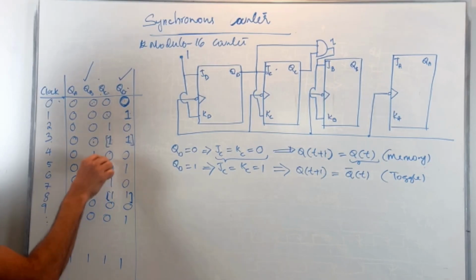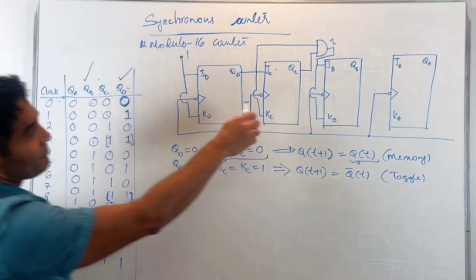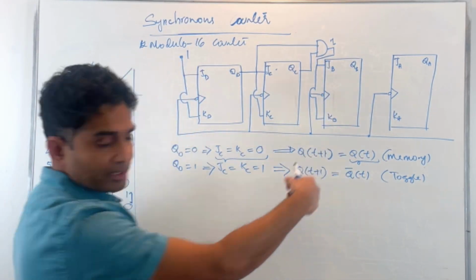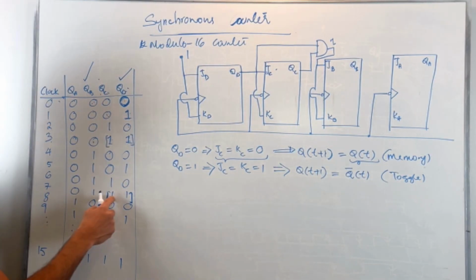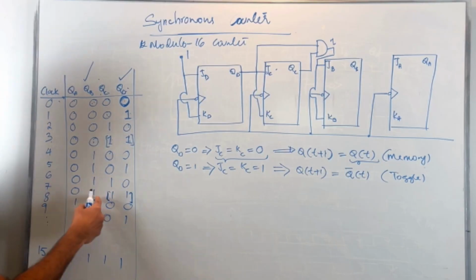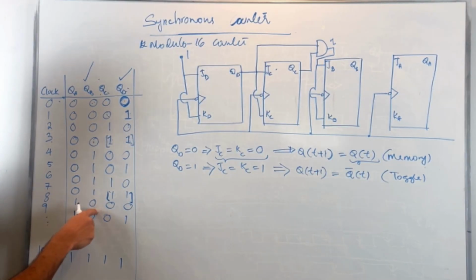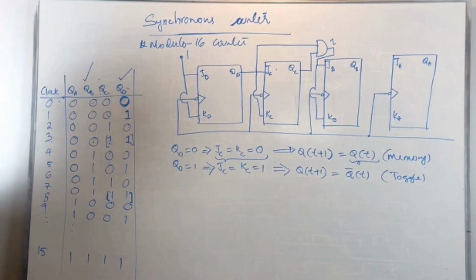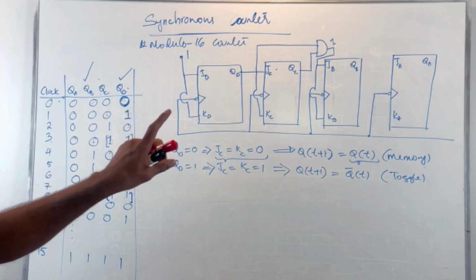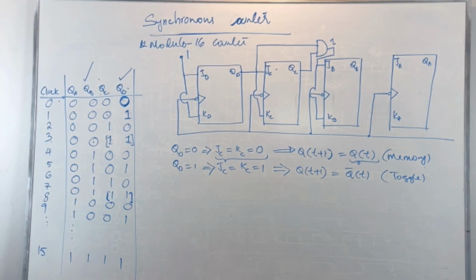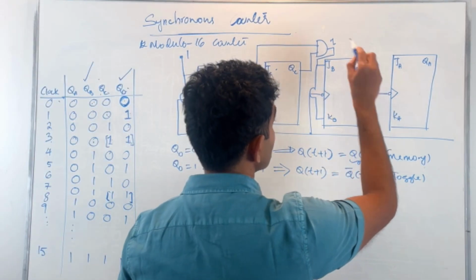So I'm basically applying 0 on JB and KB, and my value changes to 1 only when QC and QD both become 1, and on the next triggering instance, my QB again toggles. You see that? So that way I can get my QB value. So that's good.